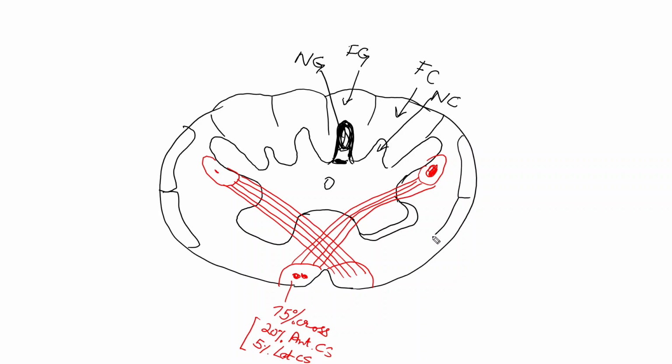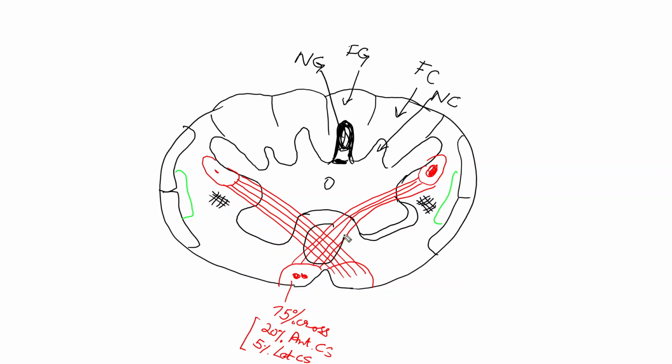And finally we can draw the spinothalamic tract here, which is carrying the pain and temperature sensation from the opposite half of body. And in this middle part of the white matter we can draw the reticulospinal tract as well. Okay, so this is the diagram at the level of pyramidal decussation.